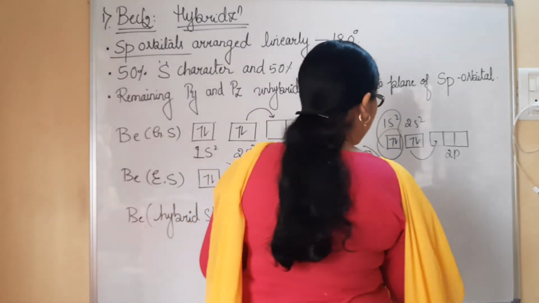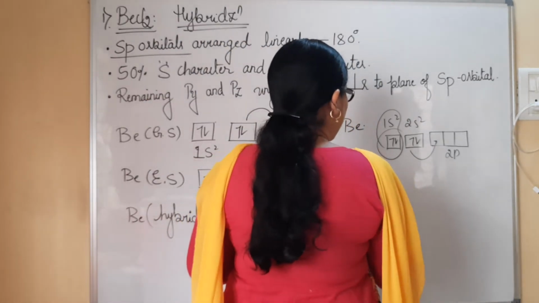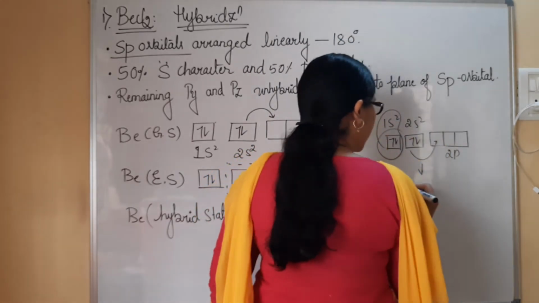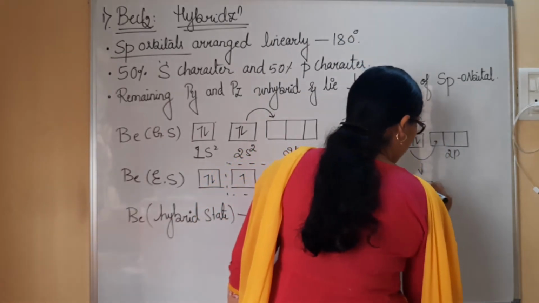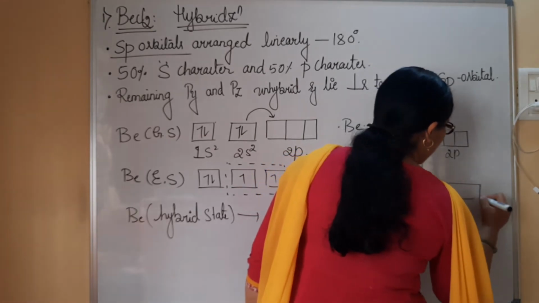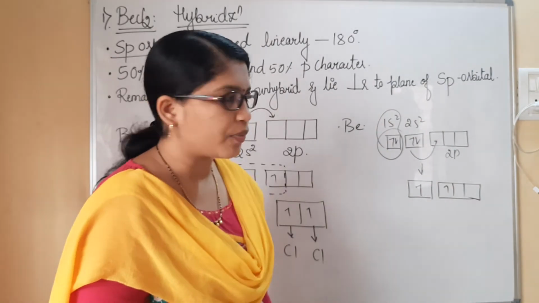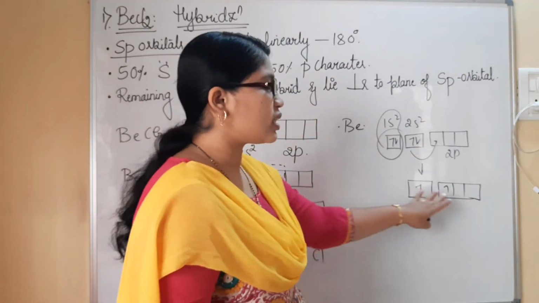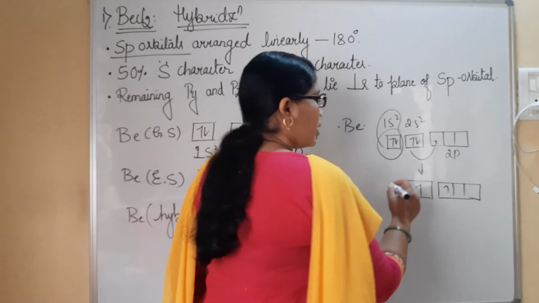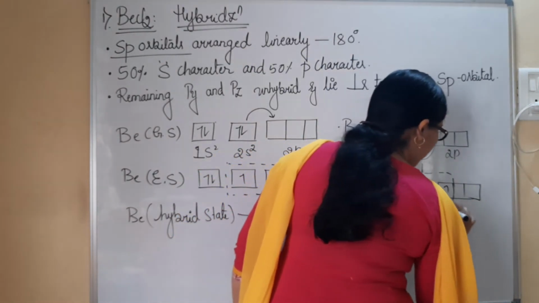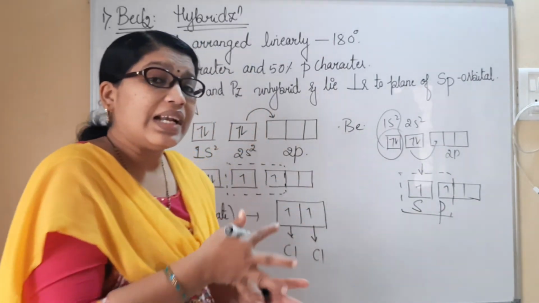See here, what will happen? Beryllium will give one of the electrons to the 2p. Then what will happen to the configuration? See here, it has 1 electron left in s and p has 1 electron in px due to excitation of the electron. Once this excitation is done, now these 2 orbitals, the s orbital and p orbital, will be intermixed.